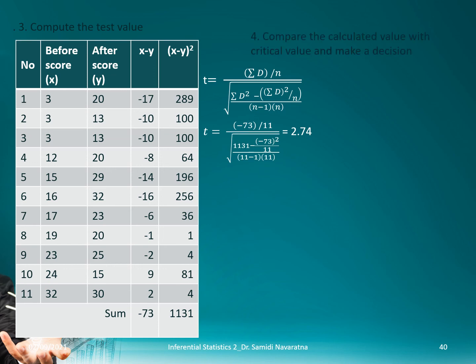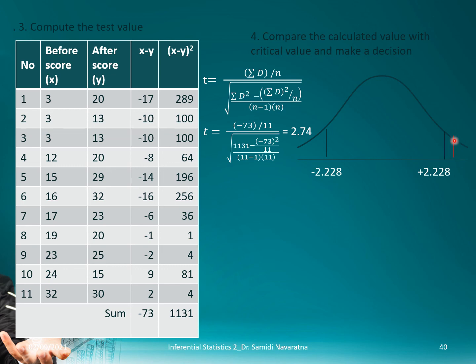The next step is to compare the calculated value with the critical value and make a decision. Again we'll look at the diagram, the null distribution, and as you can see, the computed value is greater than the table value, right? So it falls in the critical region.